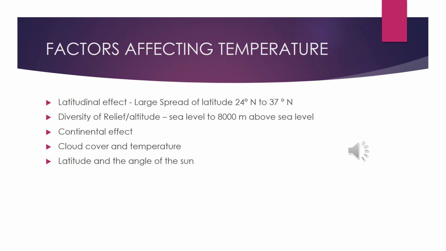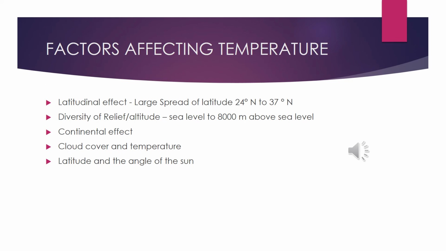But if an area has received a normal amount of sunlight, as it would on any day without cloud cover, and if clouds appear by evening or by night, then that area is going to experience higher temperatures during the night.